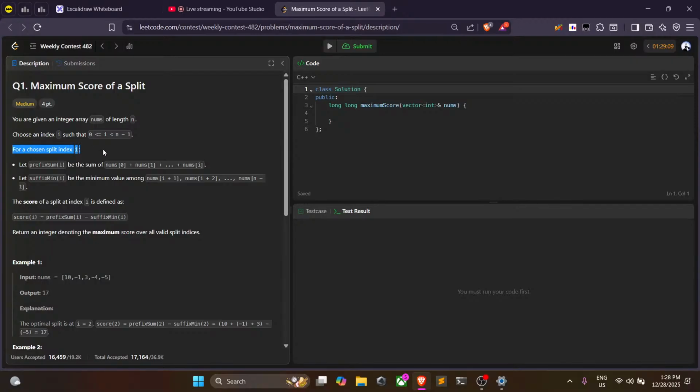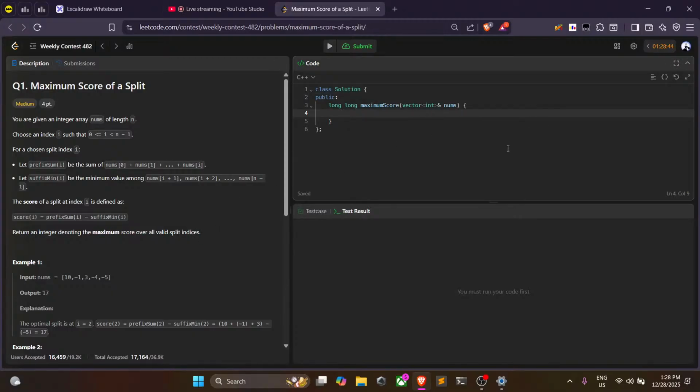By choosing a split index i, let prefix sum be the sum of the first i elements and suffix be the minimum of i plus one till the end. The score of a particular index is prefix sum minus this. Return an integer denoting the maximum score.